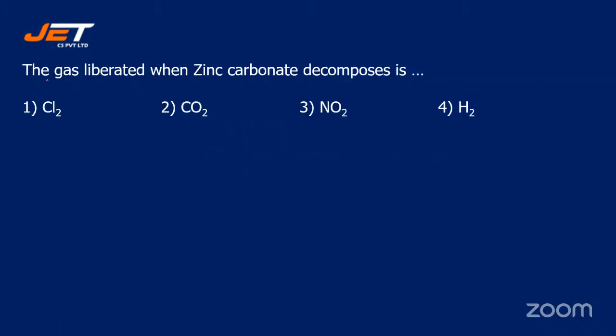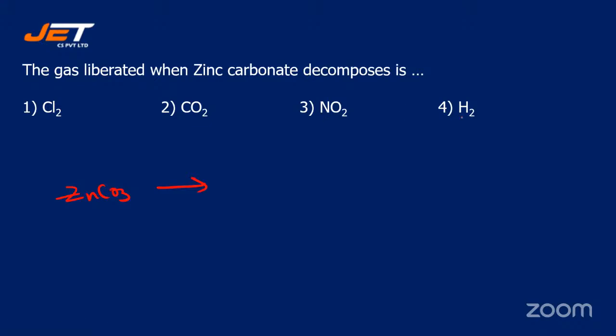Next question. The gas liberated when zinc carbonate decomposes is. So when zinc carbonate, that is ZnCO3, is decomposed, which is the possible gas that can be formed? First one, chlorine. Second one, carbon dioxide. Third one is nitrous oxide.